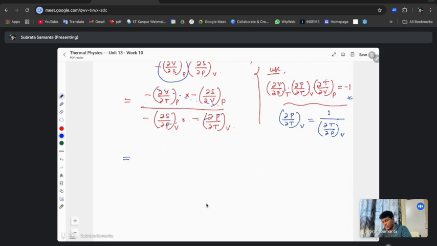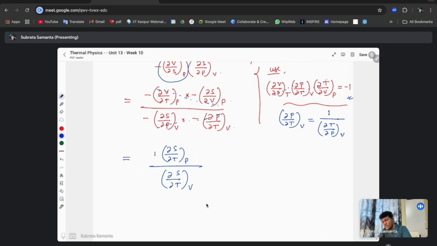Both have plus sign, so I multiply with T, T times both numerator and denominator. First I write this del S over del T at constant P over del S over del T at constant V.